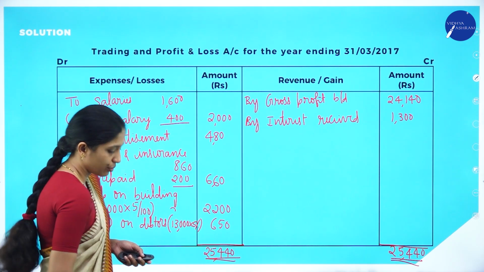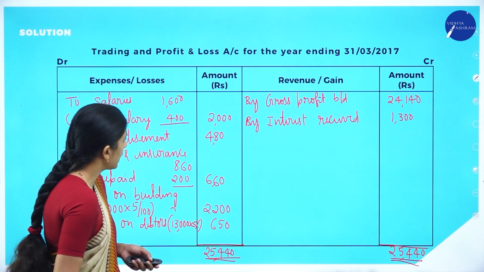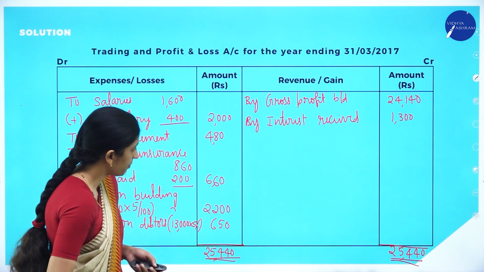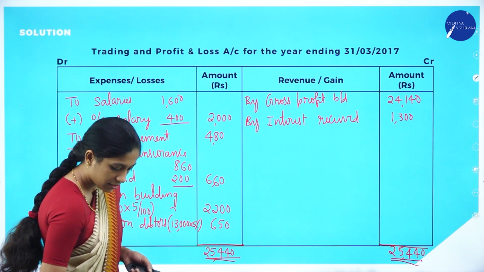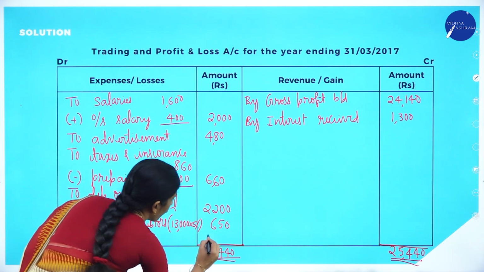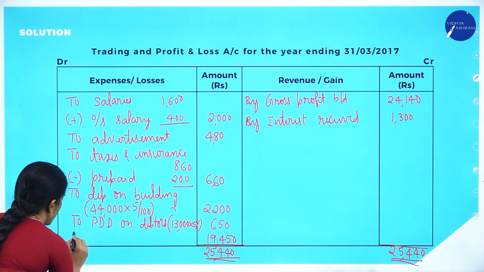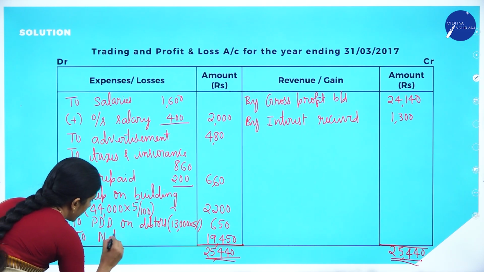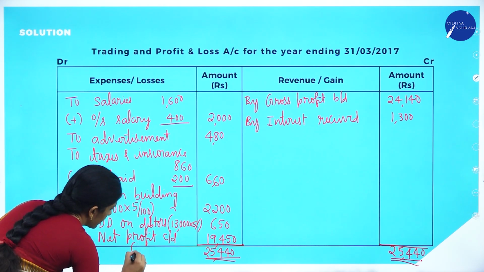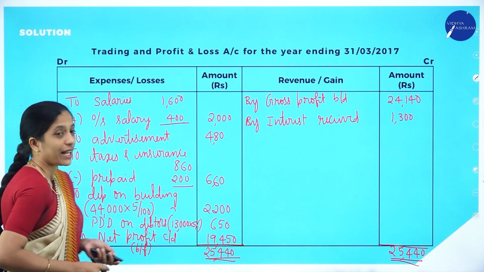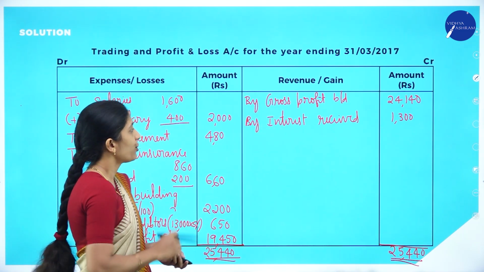Minus 2,000, minus 480, minus 660, minus 2,200, minus 650. So we'll get 19,450. This is a balancing figure, so this is the net profit carried down. So 19,450 is the net profit because your credit side is more than debit side. So it is net profit.